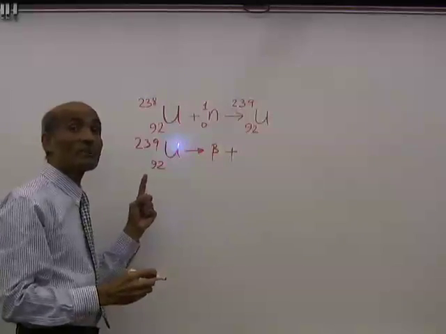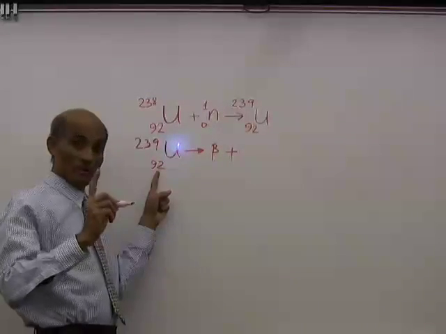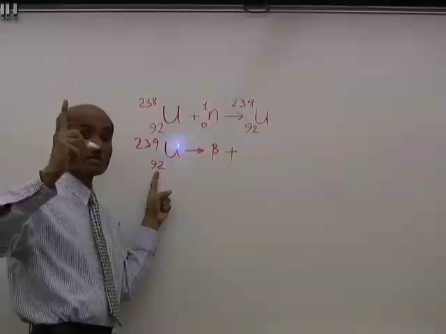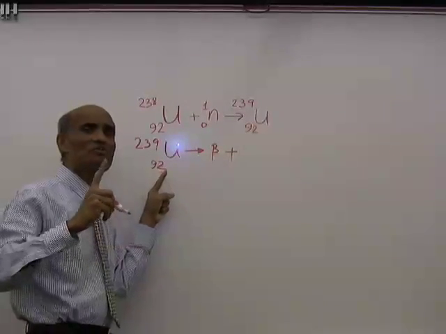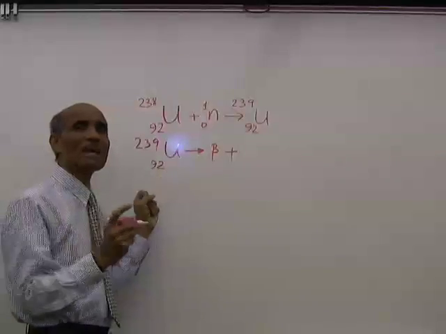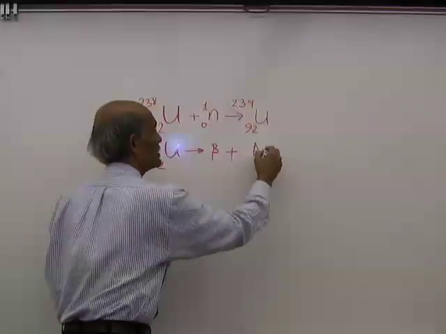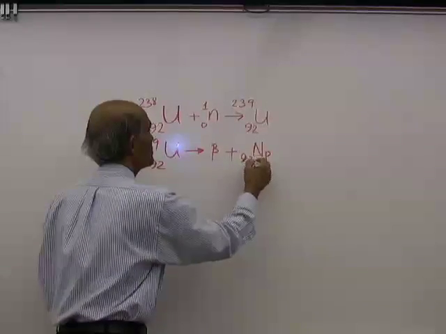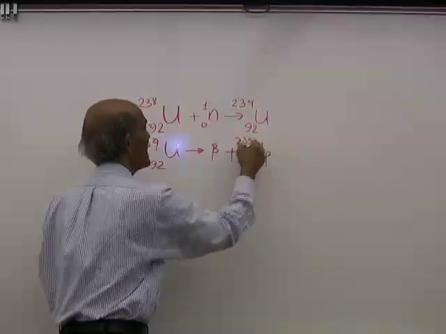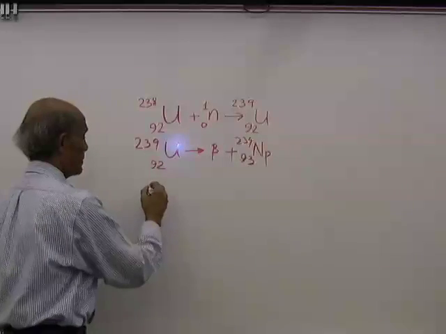The resulting element will have an atomic number 1 unit greater and the same mass number. What is the element that is 1 unit higher than uranium? It is neptunium. So it's neptunium-93-239.